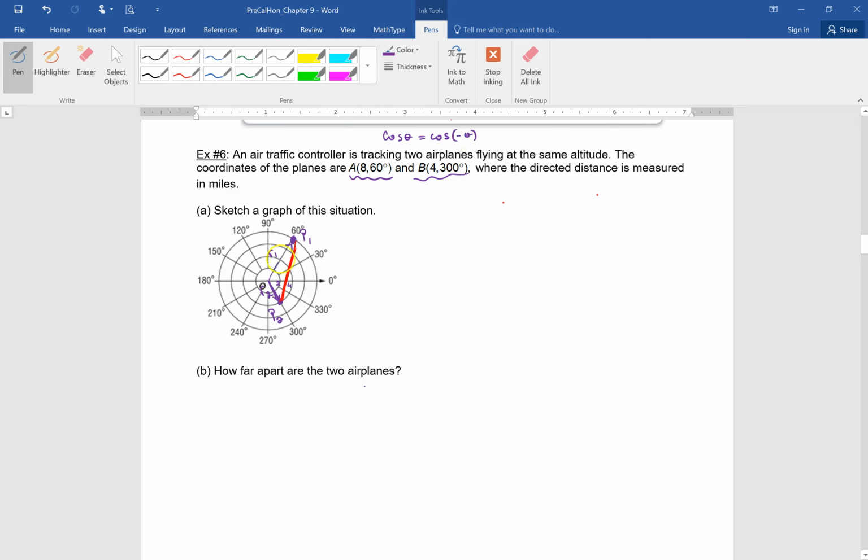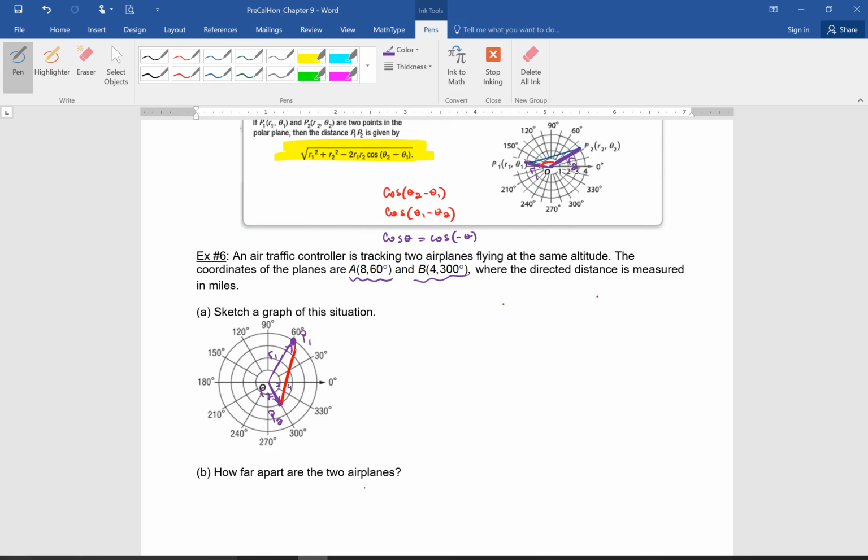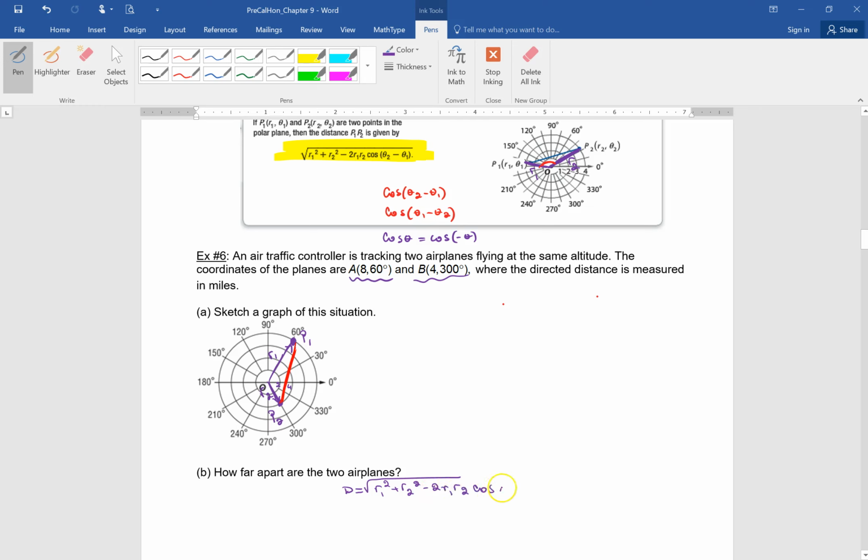We're going to plug it into the formula. The formula says that the distance is the square root of r1 squared plus r2 squared minus 2 r1 r2 cosine of theta 2 minus theta 1.